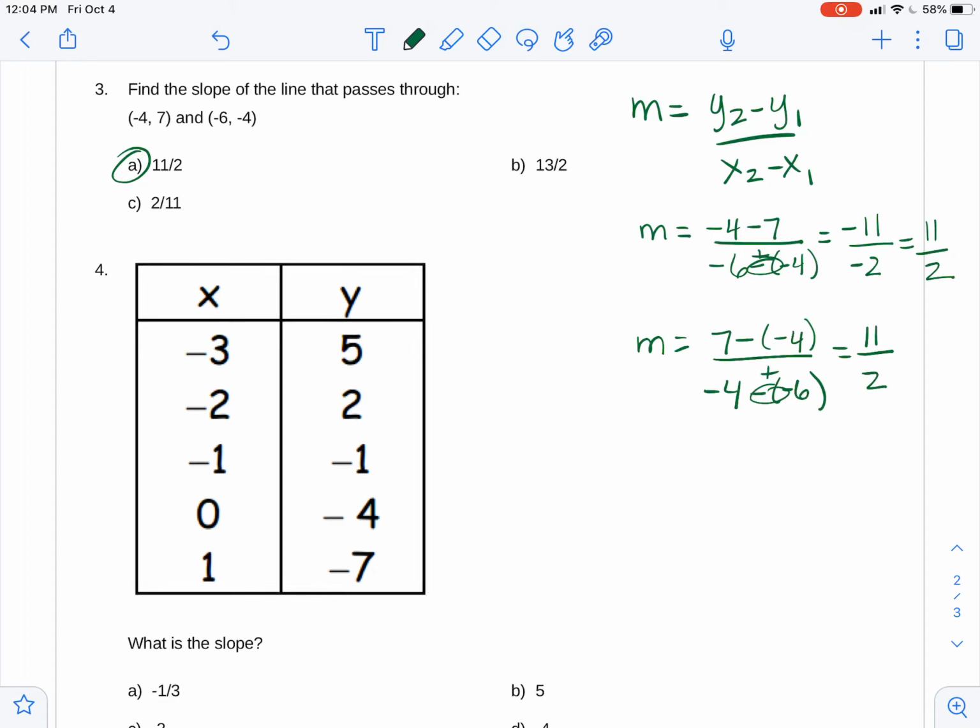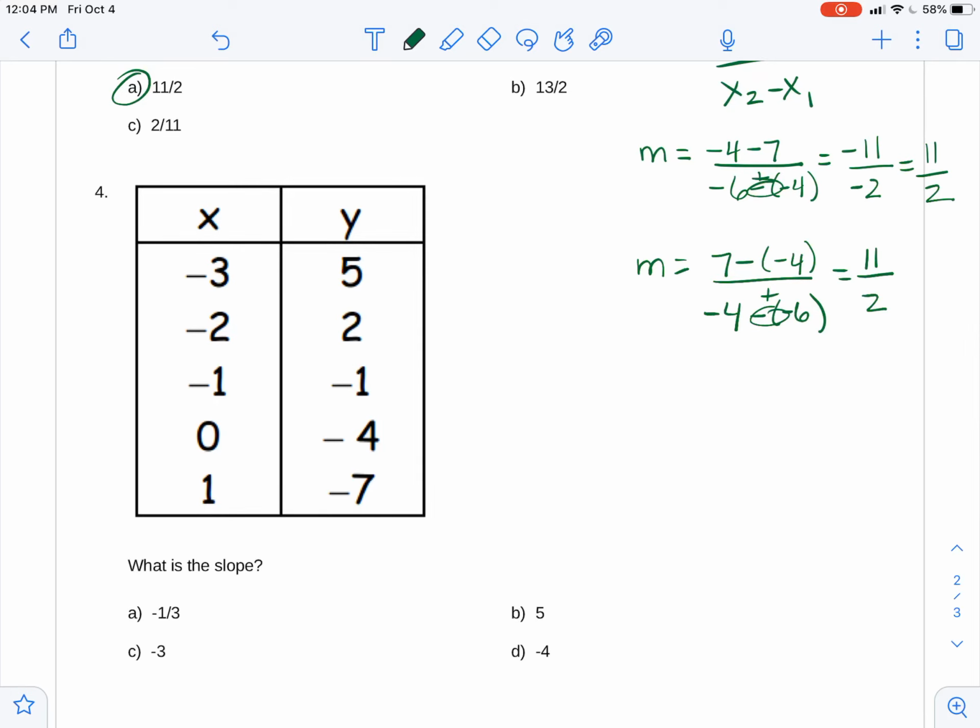And as you see, either way, you're going to get the same answer as a final answer. I would just say for you to pick a way that you like best. Either go from left to right every time or go from right to left every time. It does not matter.